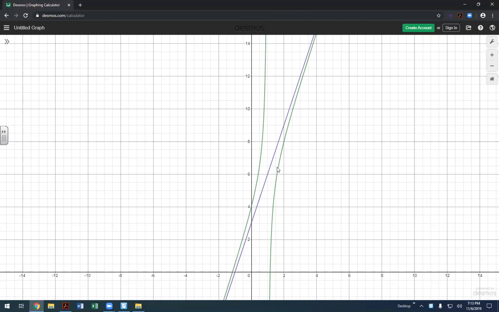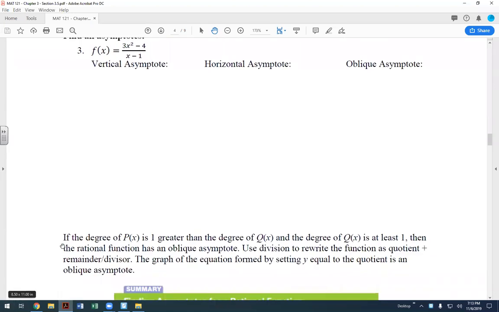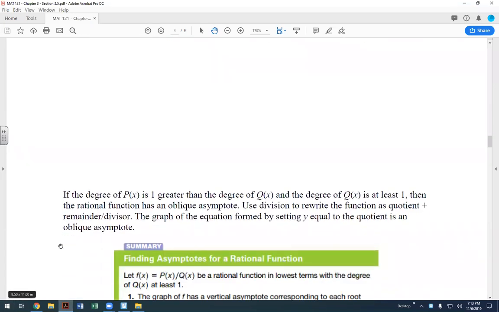So that's your oblique asymptote, and it's just because it's a slanted line, it's not really a horizontal asymptote. So we have a vertical and an oblique in this case. So anytime the degree of your numerator is greater than the degree of the denominator, there's no horizontal asymptote, you will have an oblique.